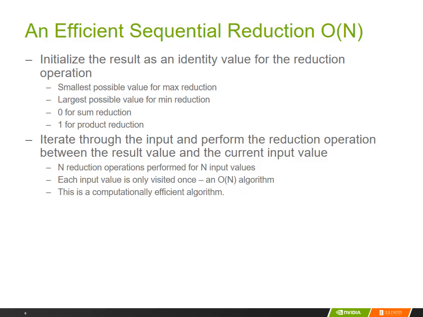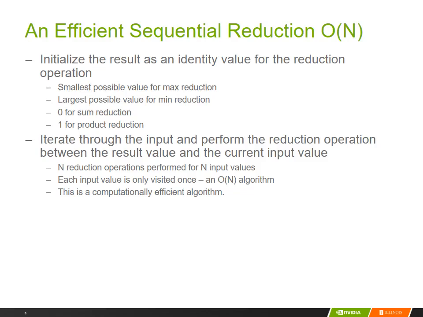And then the algorithm will iterate through the input and perform the reduction operation between the result value and the current input value. For example, if we're using a max reduction, we will compare the current input value with the result up to this point. And if the current input value is greater than the result that we have so far, then the input value will replace the value in the current result.